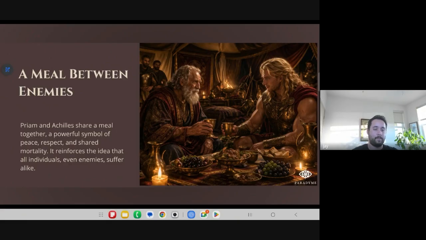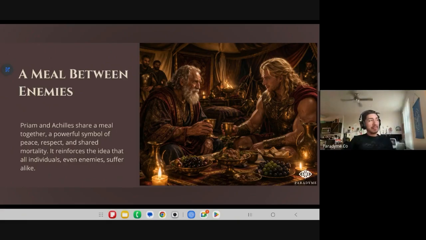What did you guys think of Hector's wife? As soon as she found out, her lament was probably the harshest to read. But she was also super angry with Hector. At the beginning of her lament, she said, my son's gonna grow up without a father, he's gonna have his land taken from him.